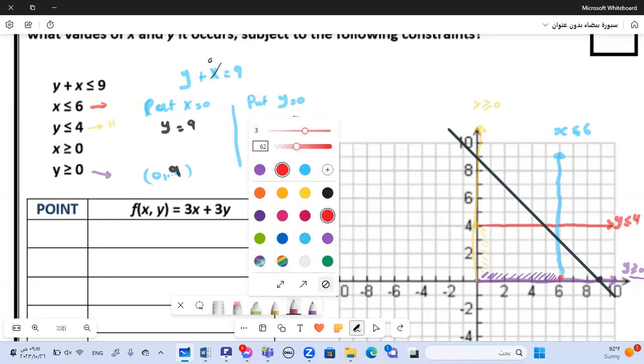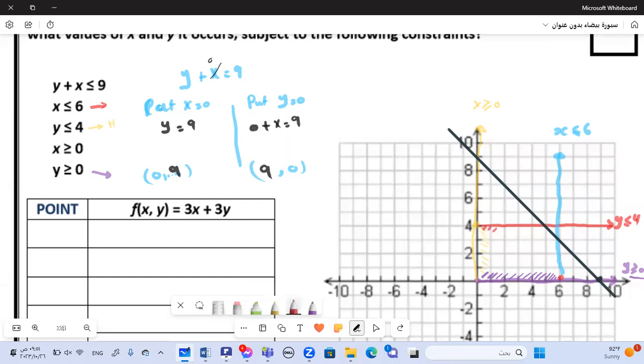So y less than 0, upwards the line or downwards the line? But we need to see the shaded part to know the inequality. y less than 0, so we should draw the line until this line. You see, when it meets a line, stop, don't continue.